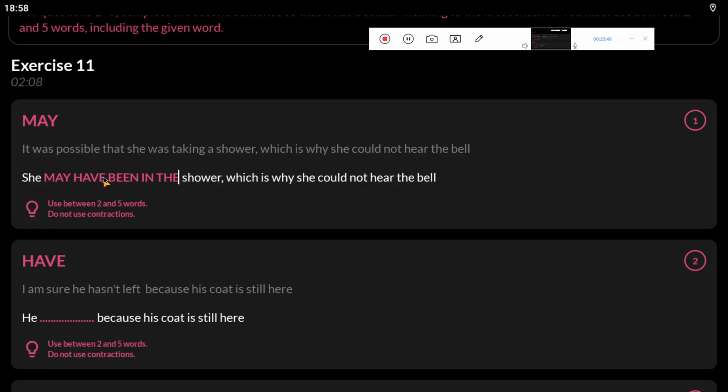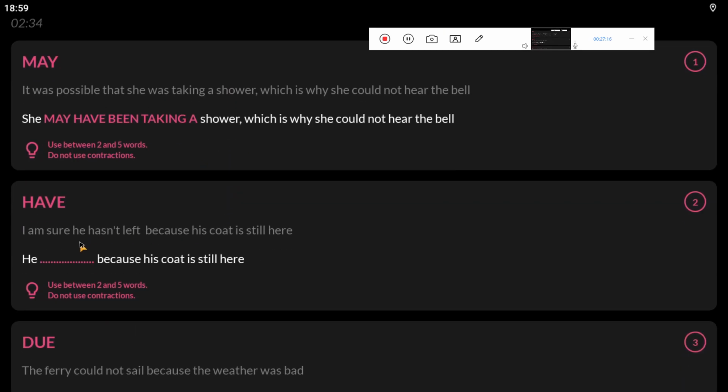That is one possibility. Or maybe she must have been having a shower. Or maybe she must have been taking a shower. All of these three possible choices are correct. She might have been taking a shower. Ella podría haber estado tomando una ducha. That is the meaning. Okay? The next one, please.